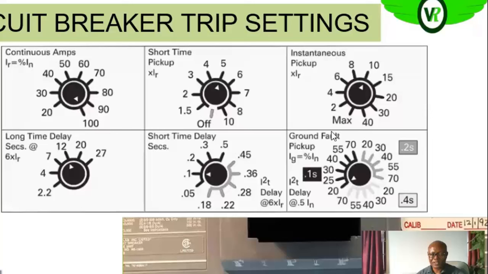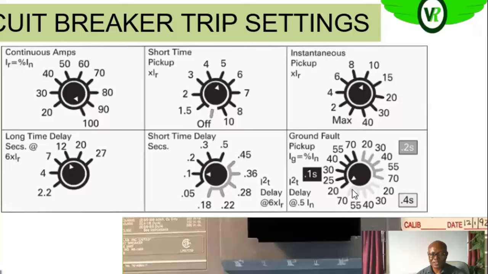So next, the one we are going to look at now is the ground fault pickup. You see that we also have the I square T ramp up. Then here we can take a percentage of the nominal current rating of the circuit breaker. That is the actual rating, not the continuous amp rating. In our case, we said our circuit breaker is 1,000 amps.